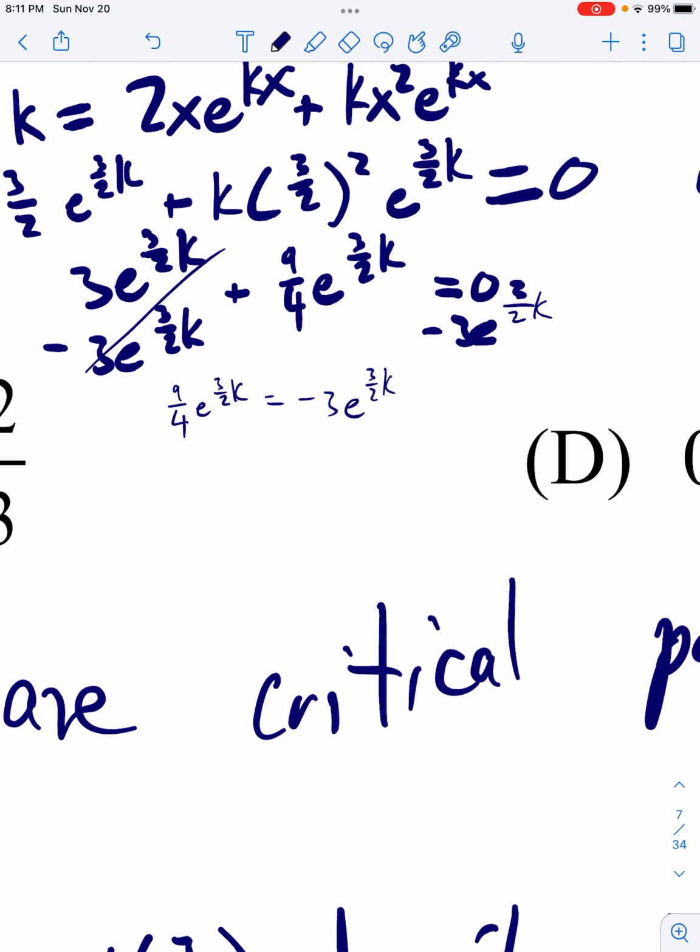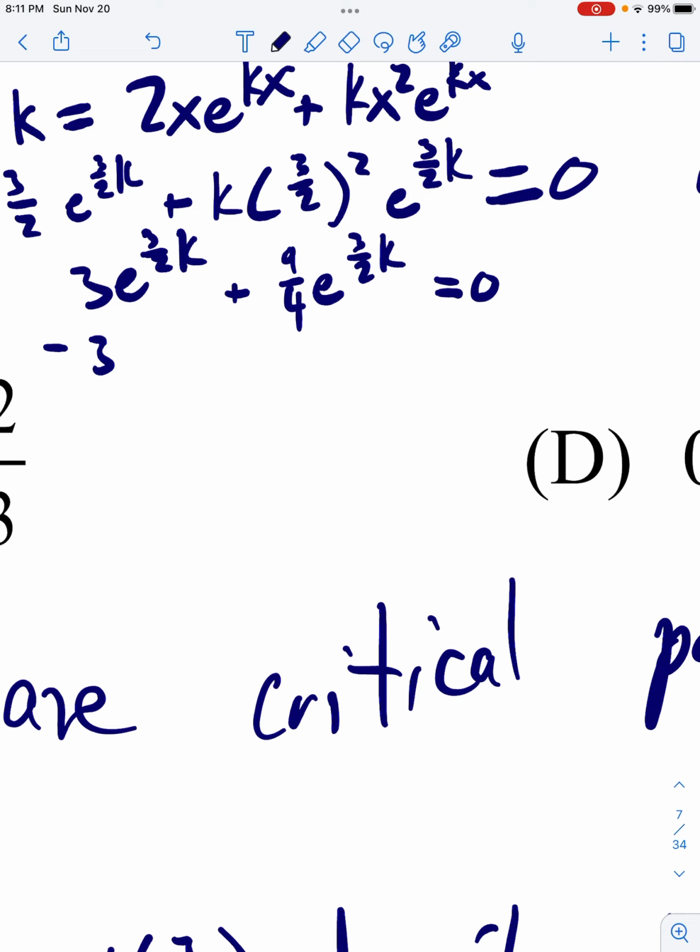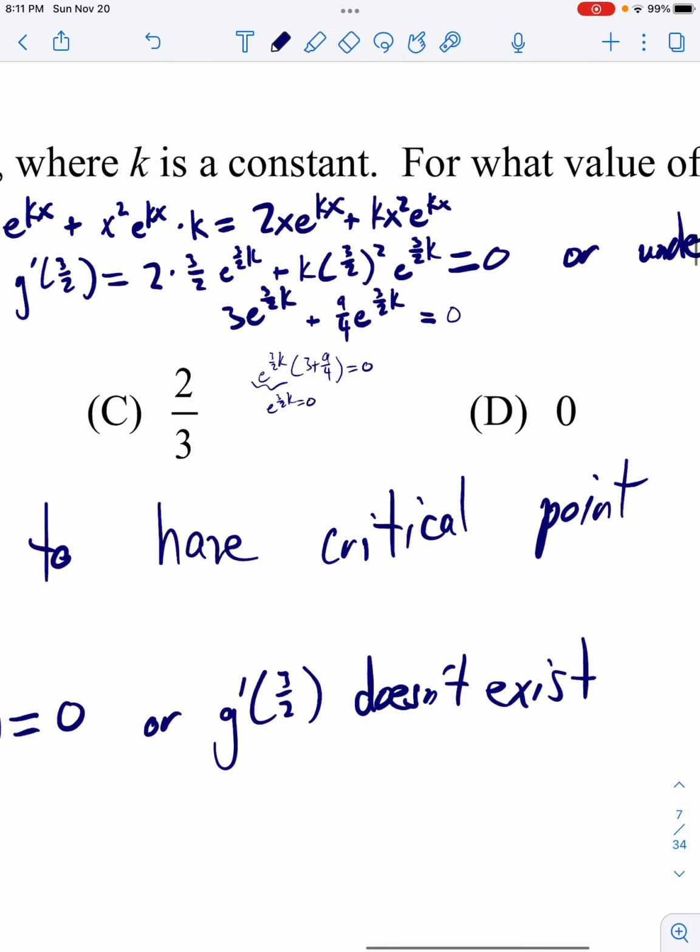All right, so then, oh, you know what I'm going to do? Actually, that was a bad idea. You know what we should just do? We should just factor out e to the 3 halves k. I'm sorry. Makes it a lot easier if we just do that. Okay. So that means we need e to the 3 halves k to equal 0, which isn't possible. Okay, I'm stuck.